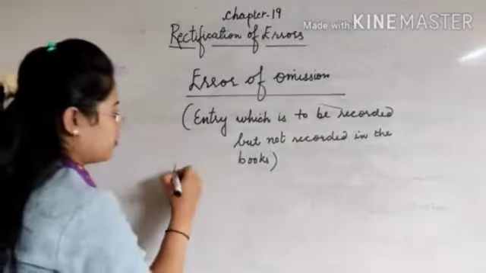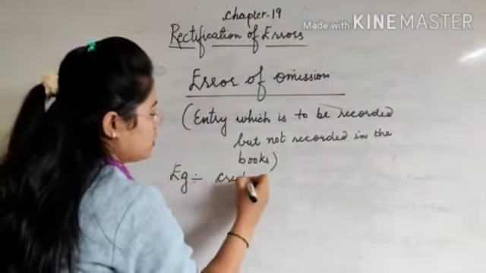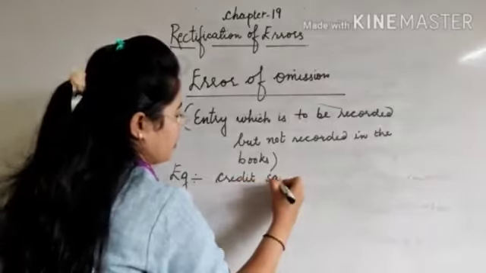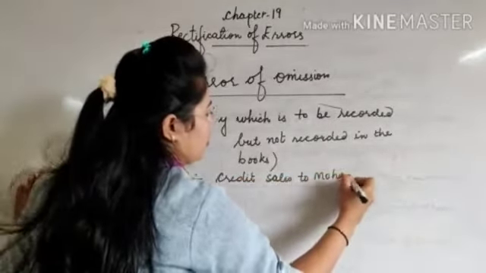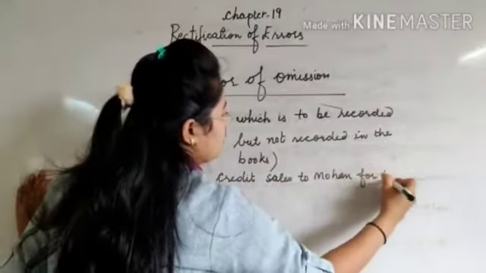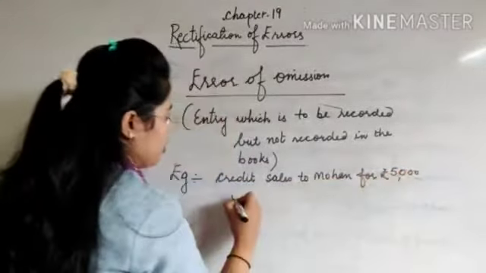Example: credit sales to Mohan for rupees 5,000 were not recorded.